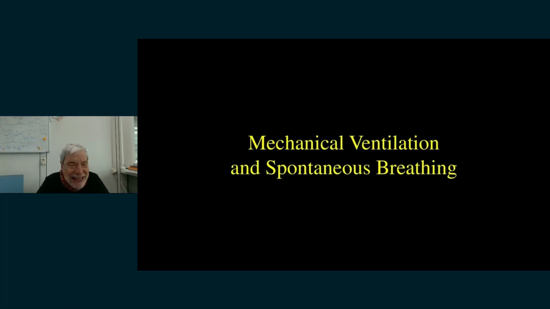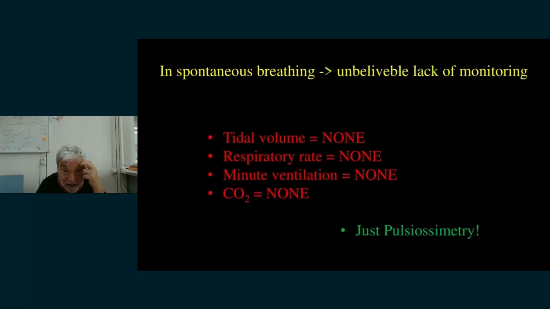Where is the real difference between spontaneous breathing and mechanical ventilation? First, in spontaneous breathing, we have an unbelievable lack of monitoring. We do not measure the tidal volume. We do not record the respiratory rate, unless you go there, but this happens very rarely.